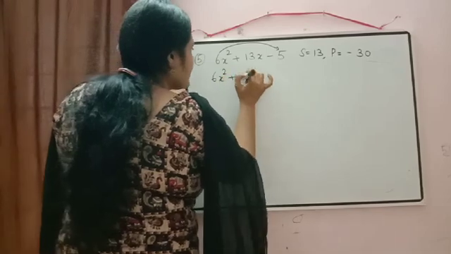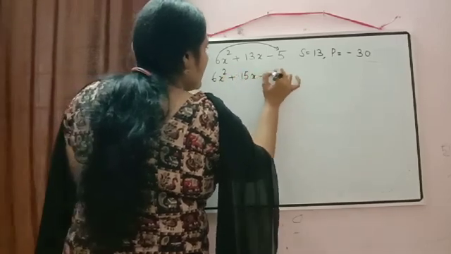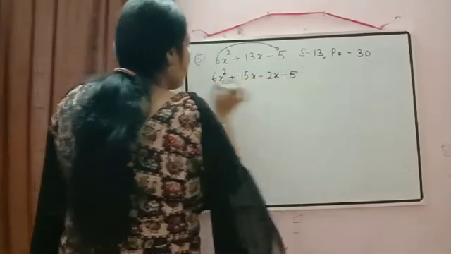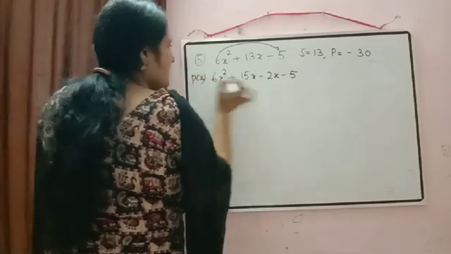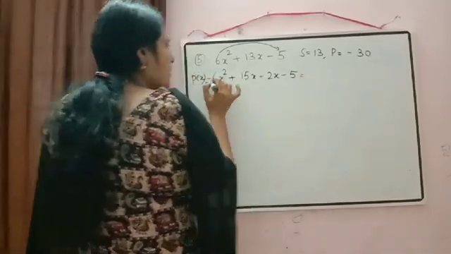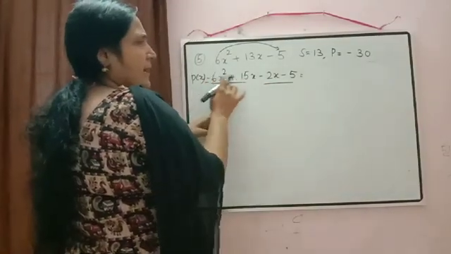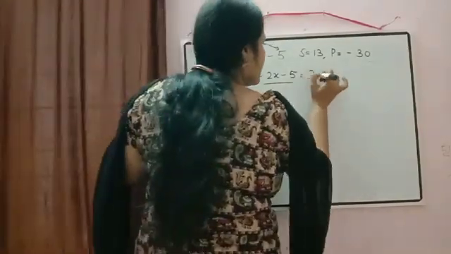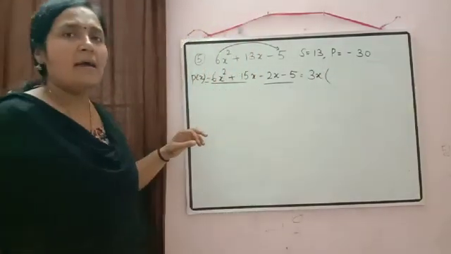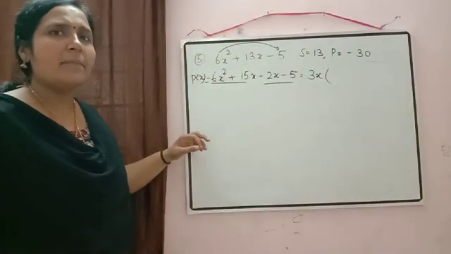6x square plus 15x minus 2x minus 5. Take it as p of x. What is the common factor in the first two terms? 3 is common and x is also common, taken outside. 3x taken outside. What will remain in the bracket?